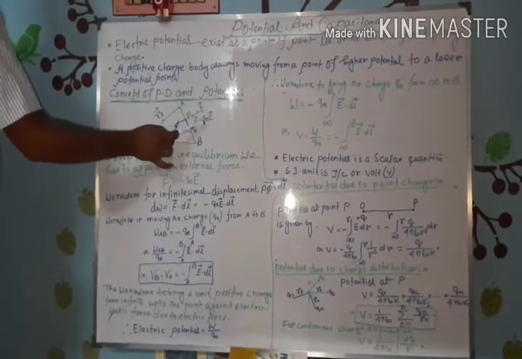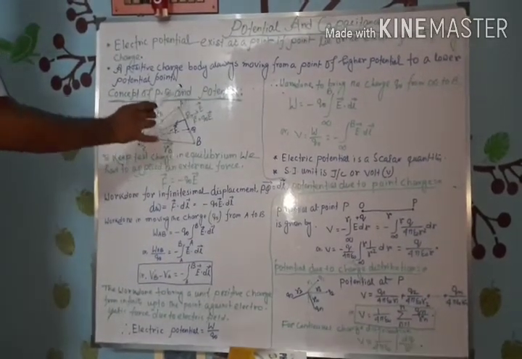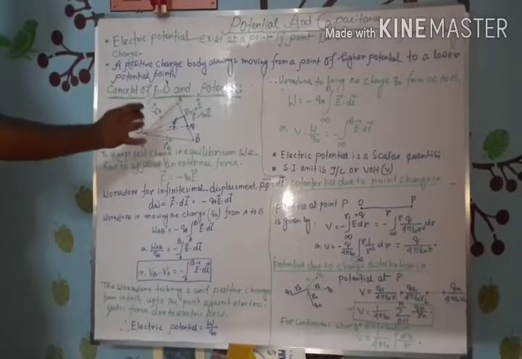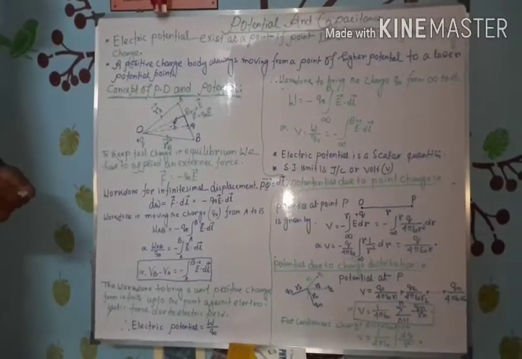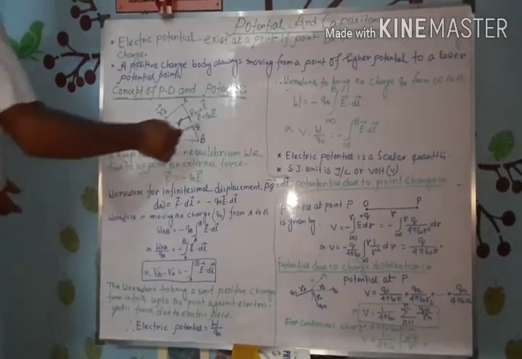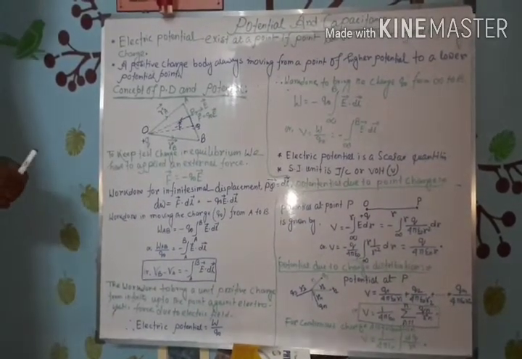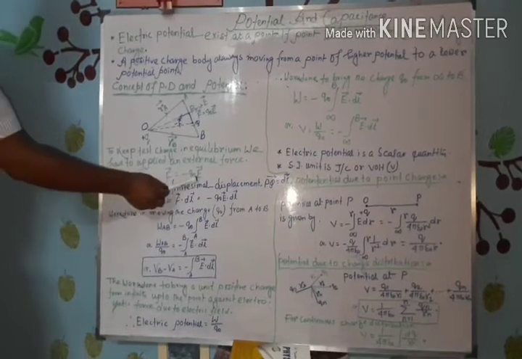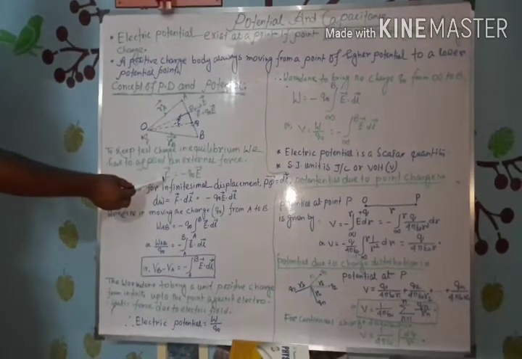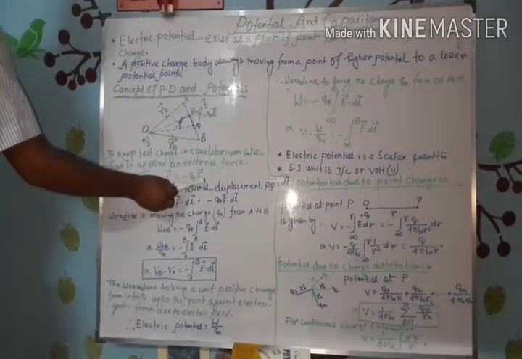To keep this charge in equilibrium, we have to apply an external force which has the same magnitude Q naught E, but the opposite direction. So this is the externally applied force, F equal minus Q naught E.